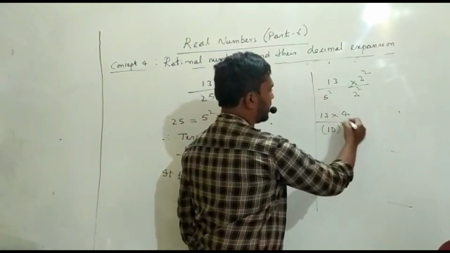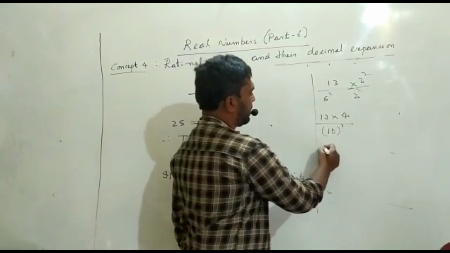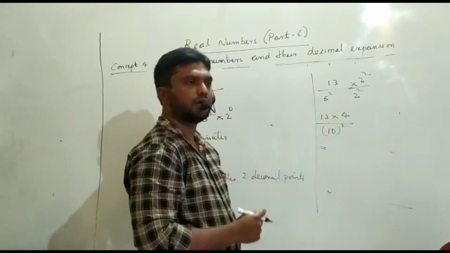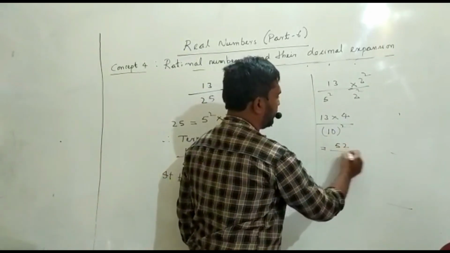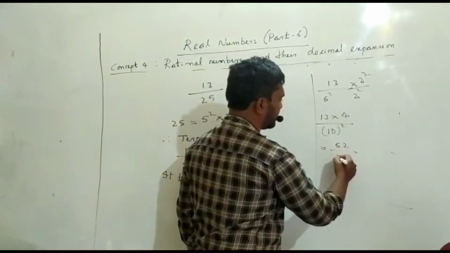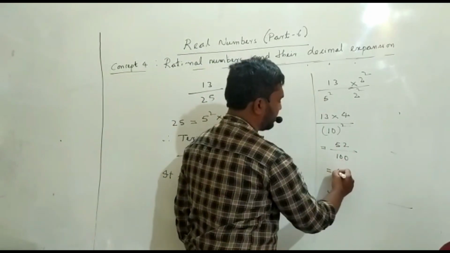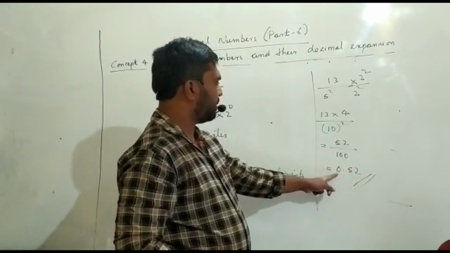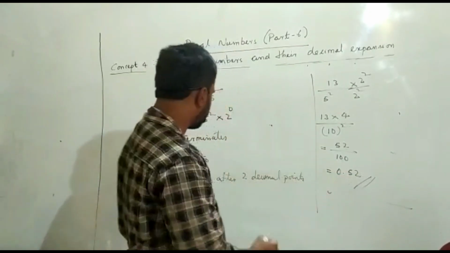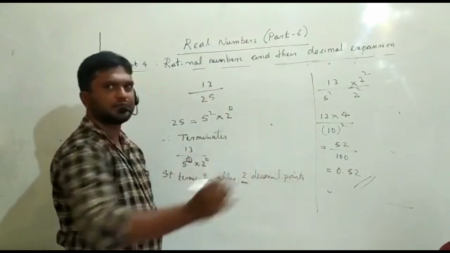Both are having square, so we can write 10 square here. 13 into 4, 13 fours are 52. 52 by 10 square, which is 100. The answer becomes 0.52. It terminates after 2 decimals.